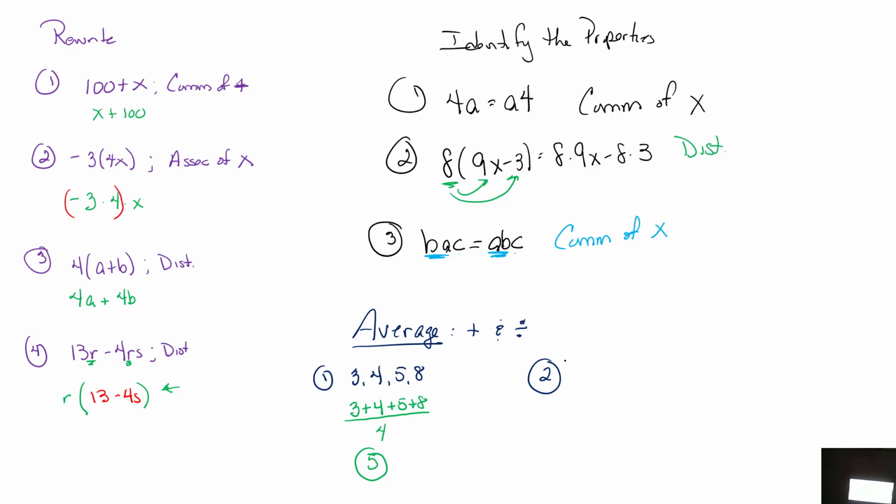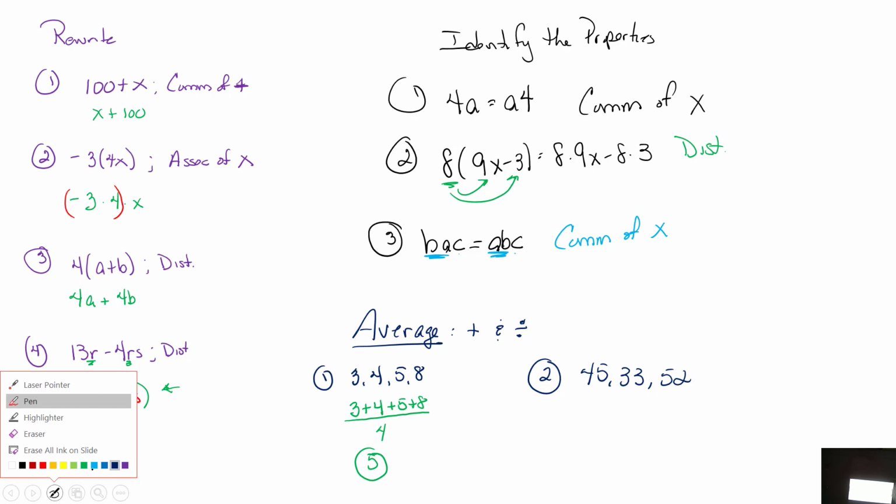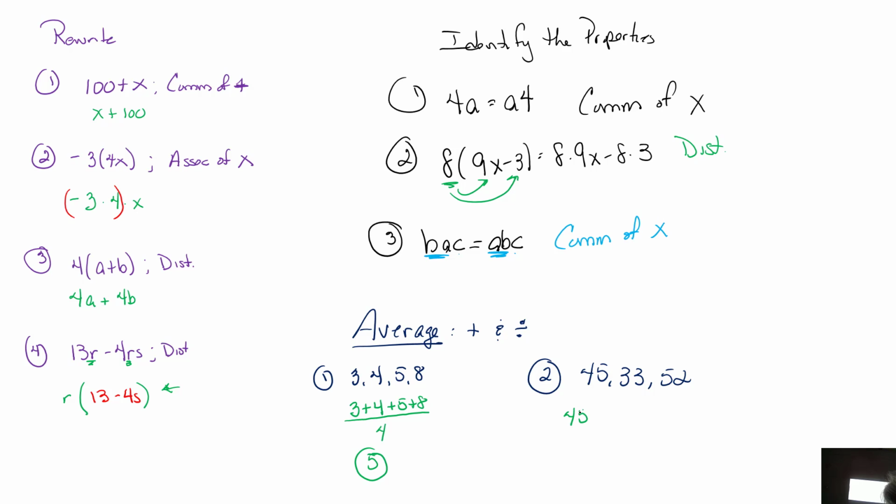Let's do another example. If I give you these particular numbers, 45, 33, and 52, and I'm asking you to average these numbers together, first thing you'll do is add them. Second thing you'll do is divide.